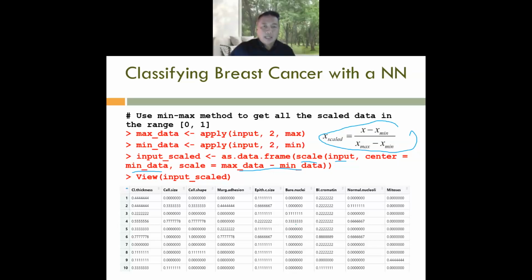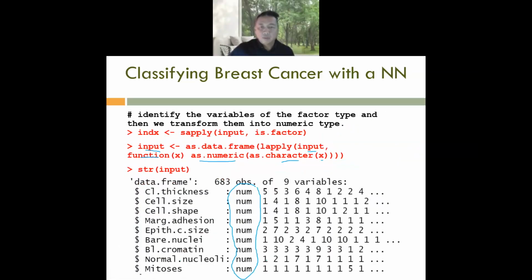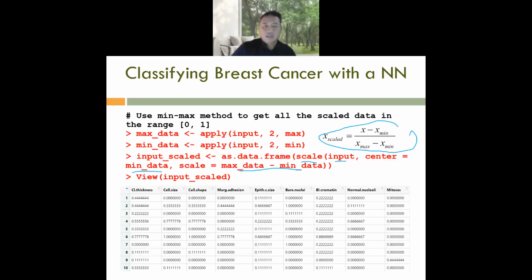Once we scale them, we have smaller numbers for each column compared to this one, where we have 1, 5, 1, 1, and so on, and this one is in decimal points. The reason we want to normalize them is so that no individual column has bigger influence or bigger bias on the modeling.